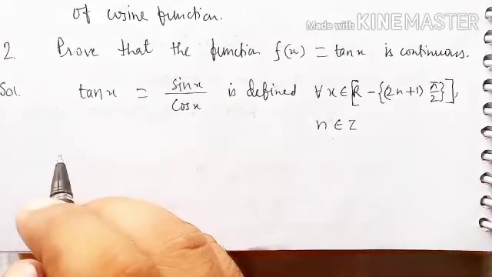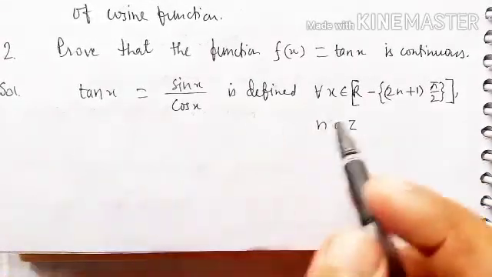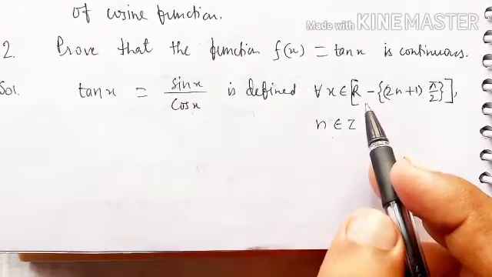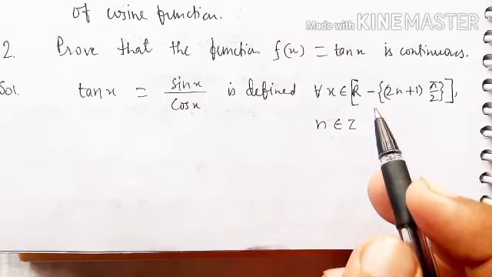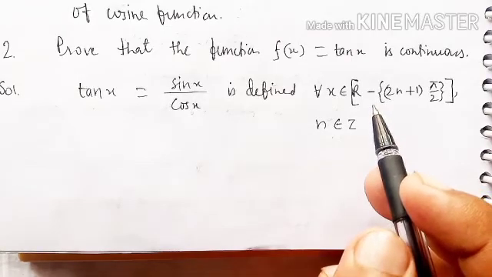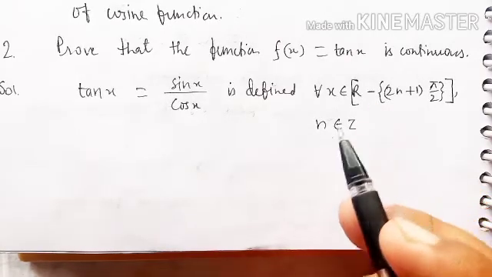So tan x is defined on all real numbers except odd multiples of pi by 2.